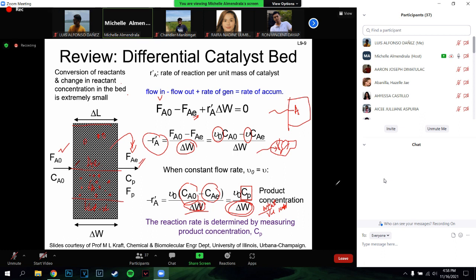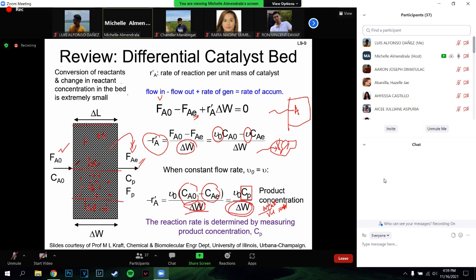Later you will see more, because the reaction is not taking place in the free space of the reactor volume, but on the surface of the catalyst. So it's the weight of the catalyst per unit volume of the reactor. That's how we design it. For the packed bed, how much catalyst are you going to put in the reactor?